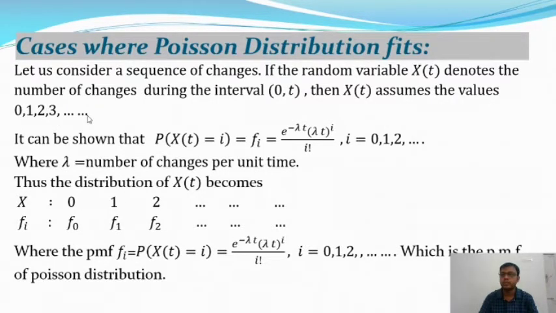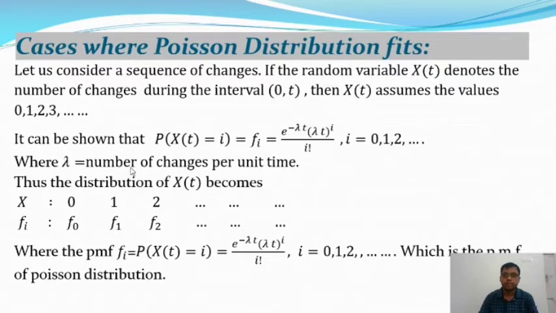In a Poisson distribution there are an infinite number of sample points. It can be shown that probability of X of t equal to i is f_i, the probability mass function, which gives e to the power minus lambda t into lambda t to the power i by factorial i, where i is equal to 0, 1, 2 and up to infinity.